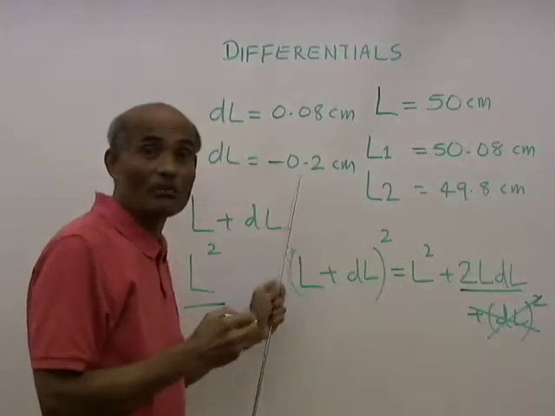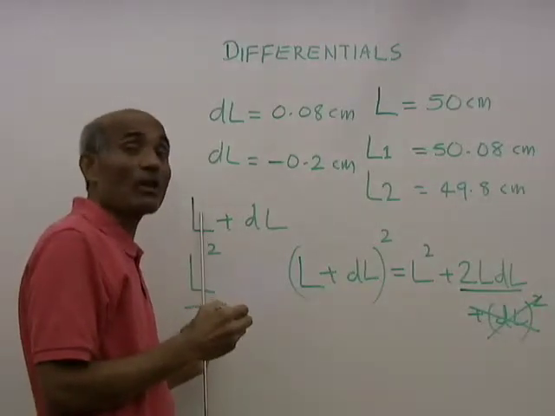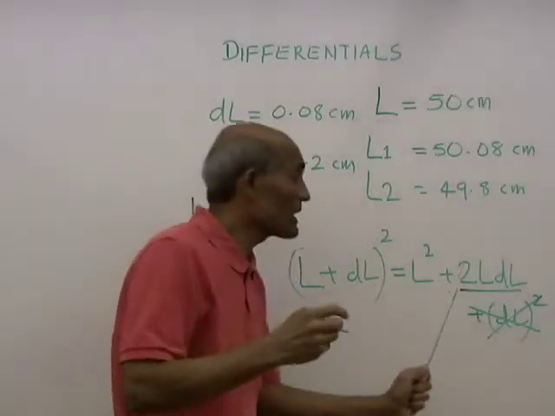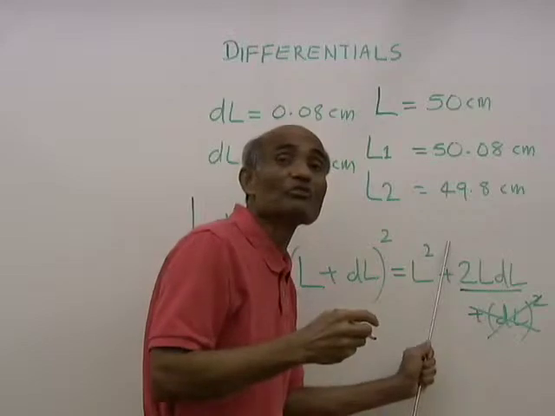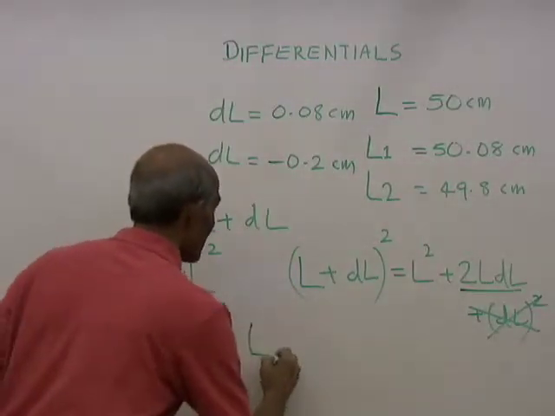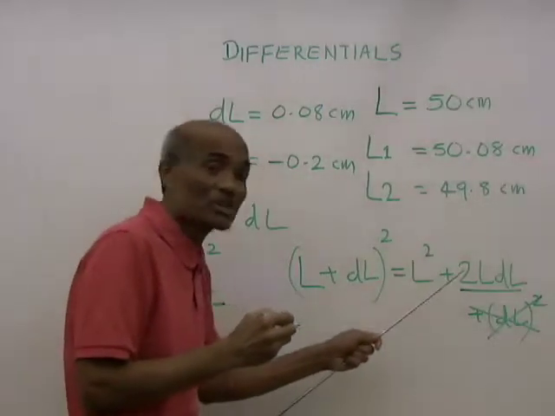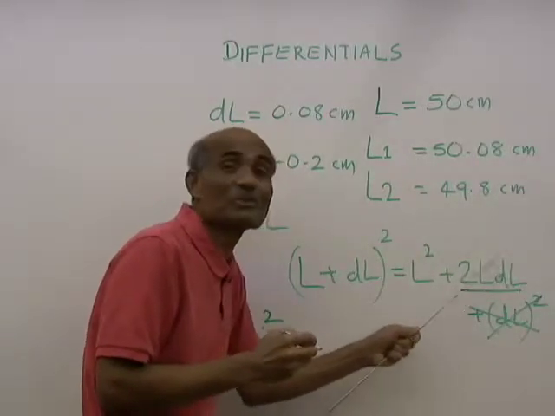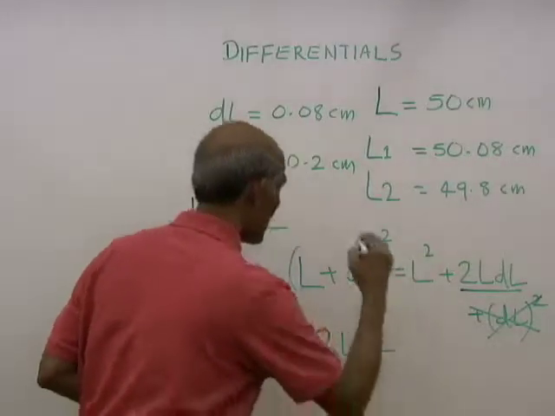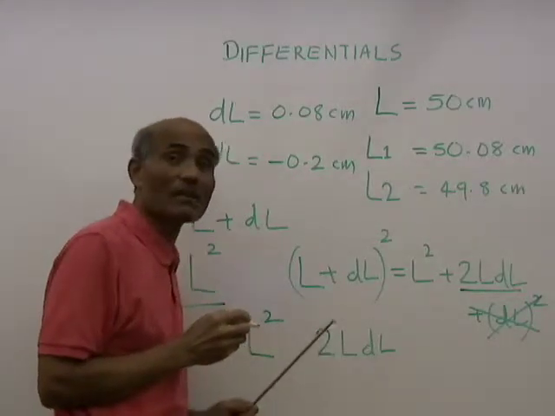As a result of an error dL in measuring this length L, when you computed the square of that quantity, the error became 2L dL. This is the propagated error. That means, what is therefore the differential of L squared? The differential of L squared is 2L dL.